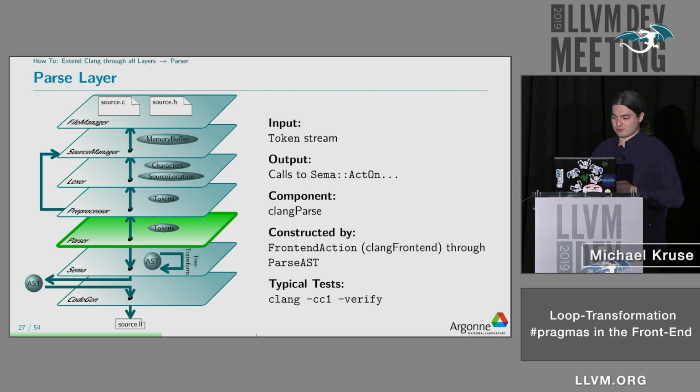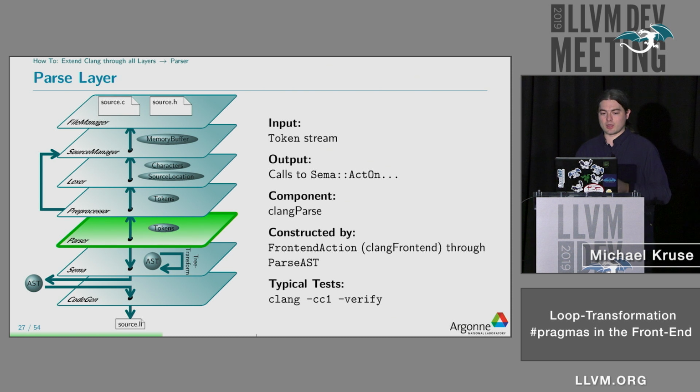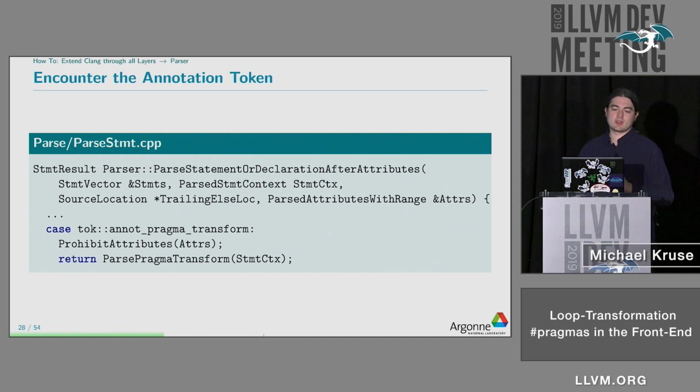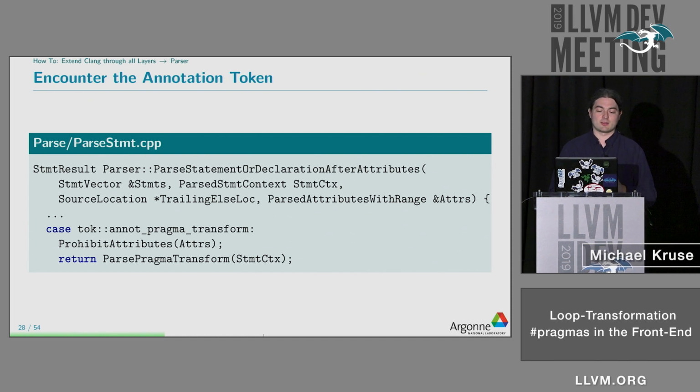So to the topic, we are here in the parser receiving the tokens, and this is the code that reacts on finding this token. We have ParseStatementOrDeclarationAfterAttributes, which is basically a lie because it's also parsed before attributes. But this is basically a huge switch statement, which does something for every possible kind of token you see in the token stream.